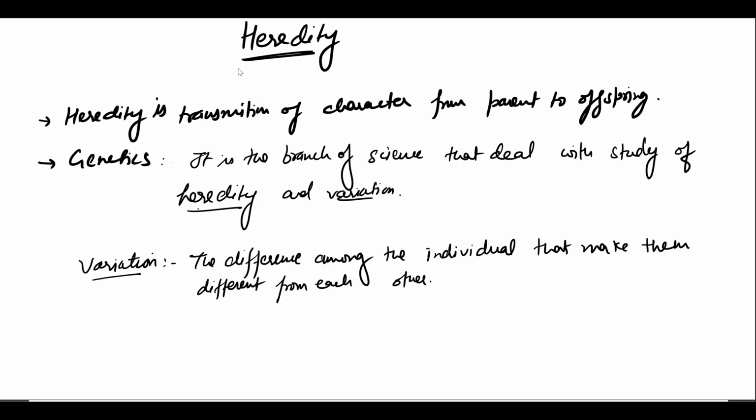And this chapter is very important for understanding how characters are being transferred, which types of characters and which types of disease are being transferred, and which traits are transferred and which are not, which is a dominant trait and which is not.